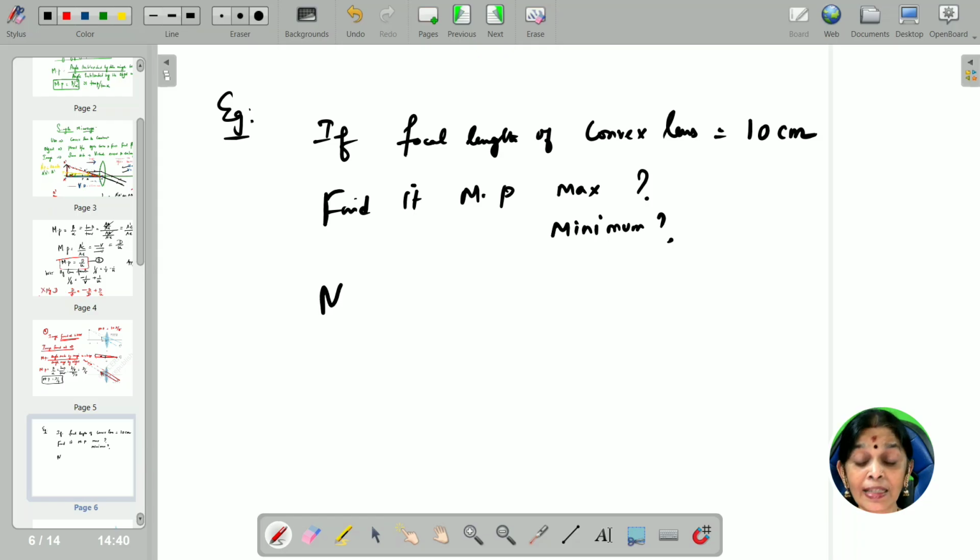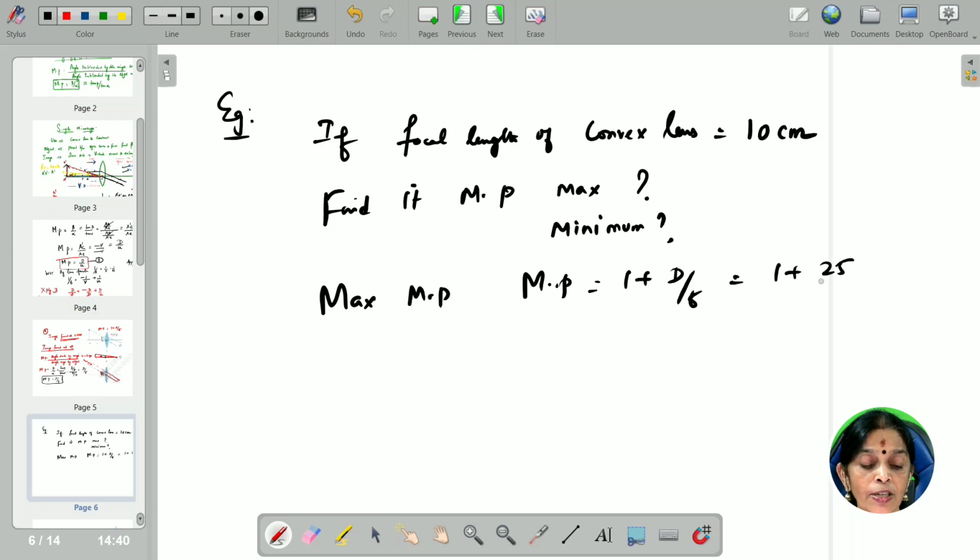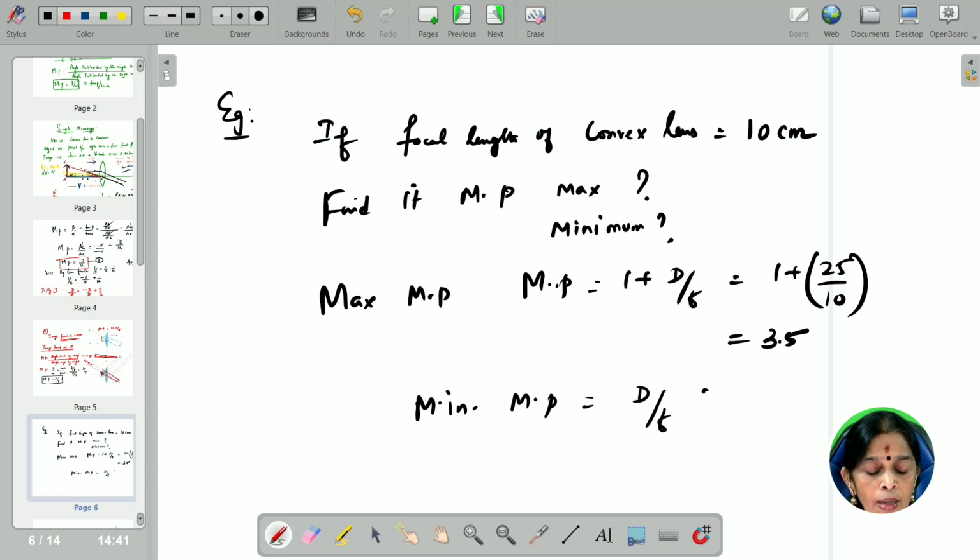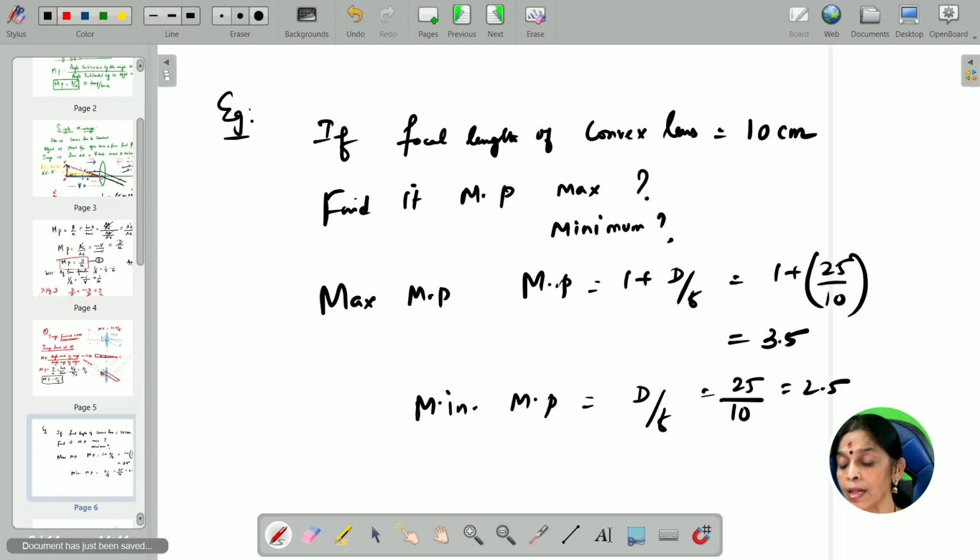So the maximum magnification power, MP, is equal to 1 plus d by f, that is 1 plus 25 by 10, which is 1 plus 2.5, that's nothing but 3.5. The minimum magnification power is just d by f, that is 25 divided by 10, equal to 2.5. Hope you understand this concept, children.